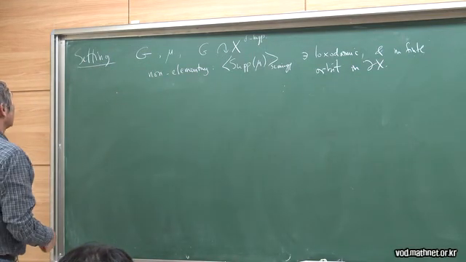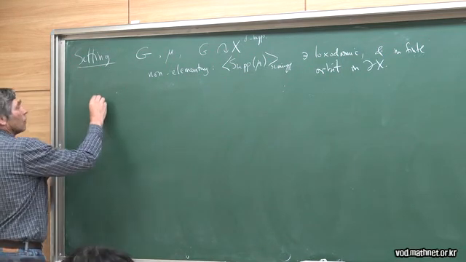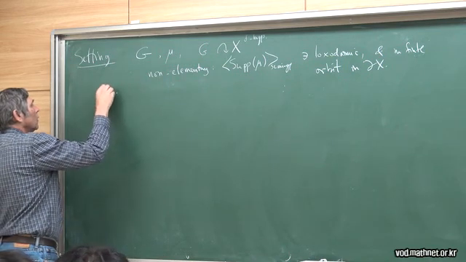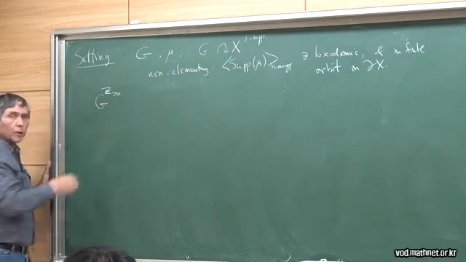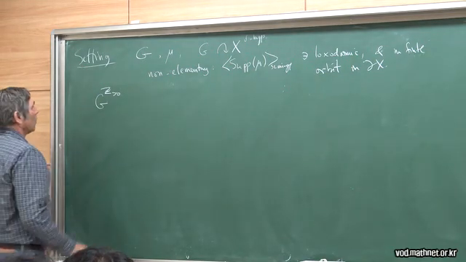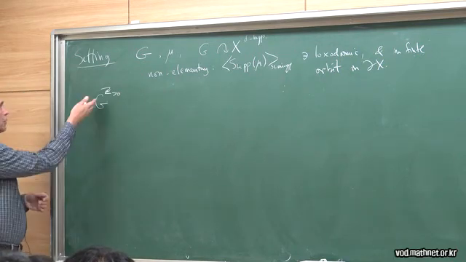Okay, and then what one does in random walks is that first of all you look at the infinite product of copies of the group, because a random walk is going to be induced by picking a sequence of elements according to this measure.